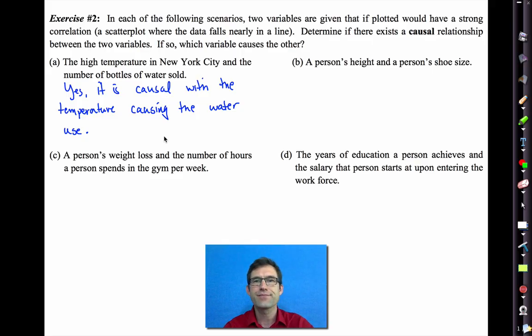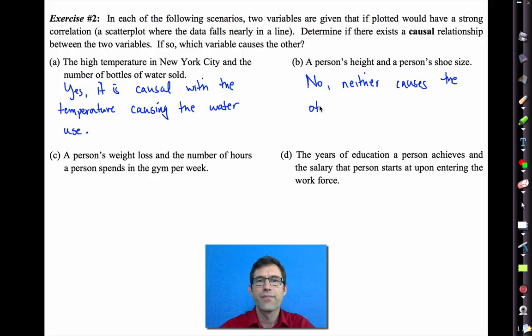Letter B. A person's height and a person's shoe size. That is very well correlated. Generally speaking, the larger that a person's shoe size is, the larger their height is. And the smaller a person's shoe size is, the smaller the person's height is. What do you think? Is that causal? No. Neither causes the other.